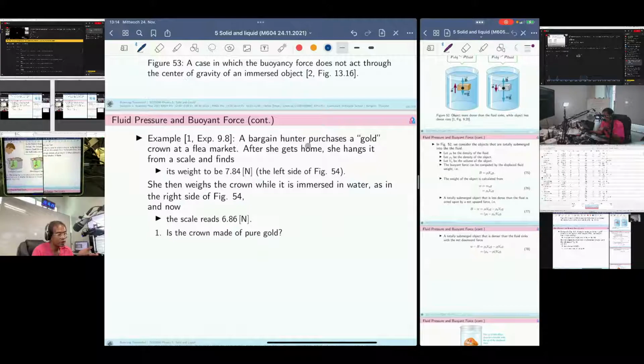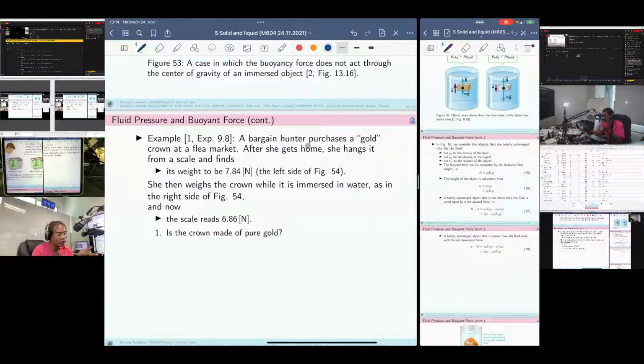This guy just goes to the flea market and looks for gold or precious stuff, and he wants to buy it and then sell it at a higher price so that he can get a benefit from the price difference.